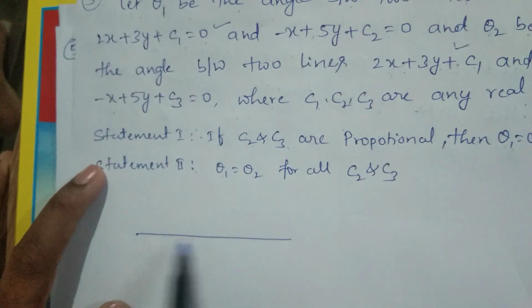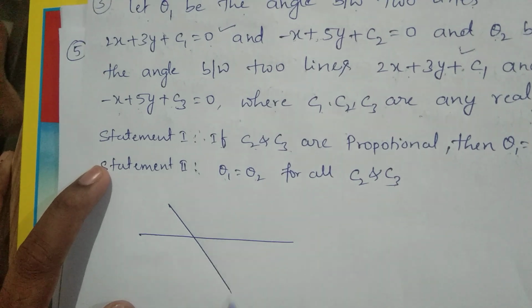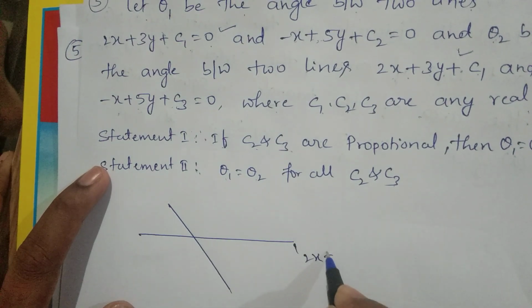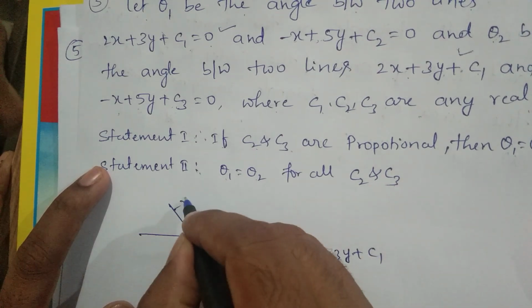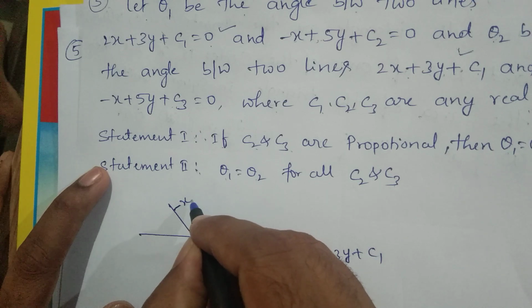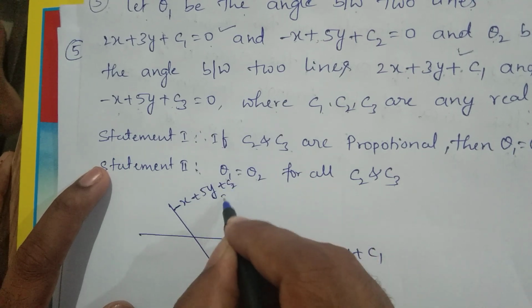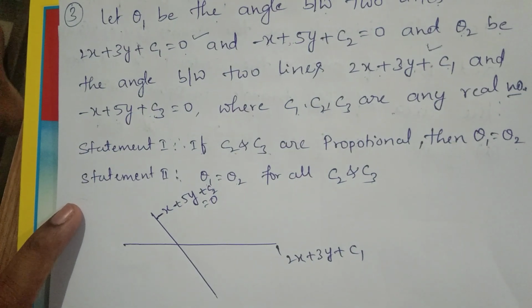This is a line I draw, and this I will draw like this. This is the line 2x plus 3y plus c1, and this is minus x plus 5y plus c2 is equal to 0. This is a line.